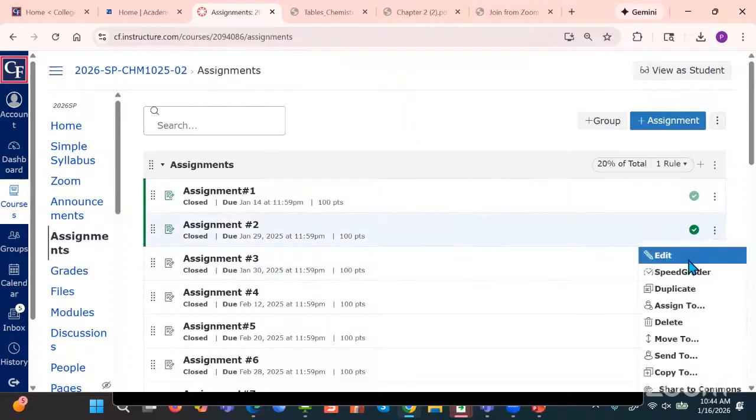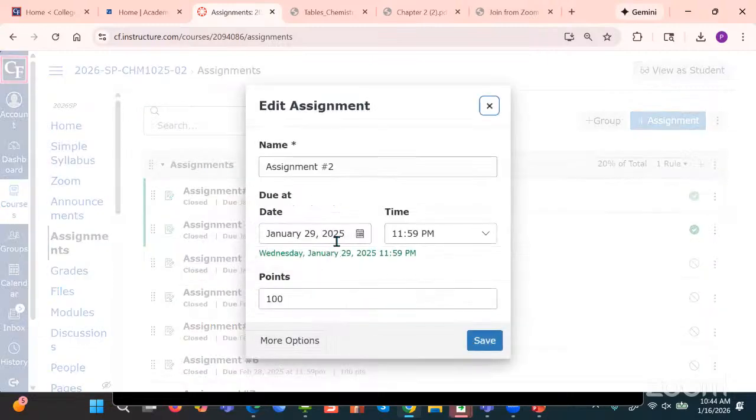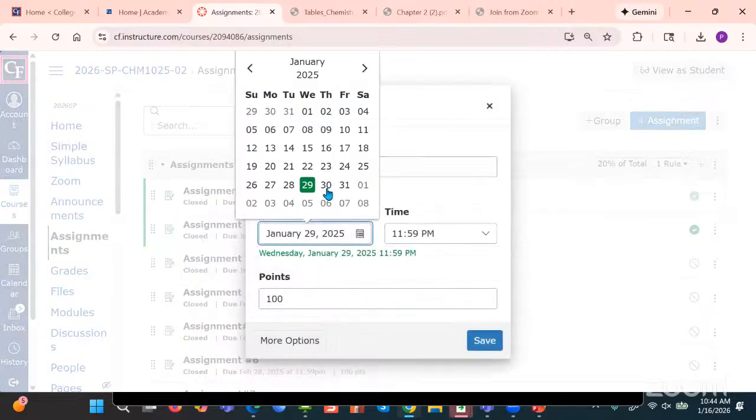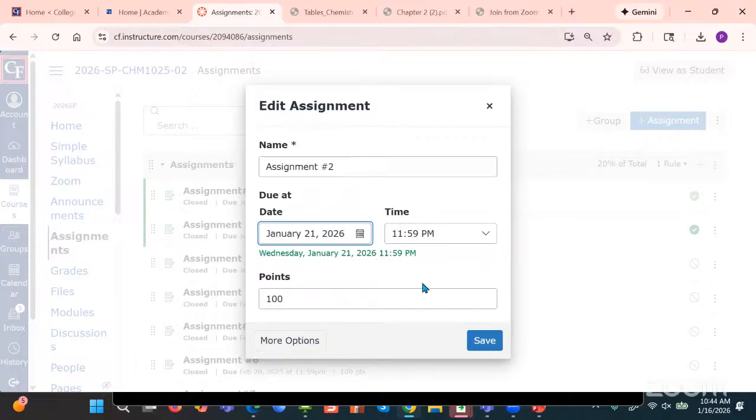And okay, so today is the 16th. I think you guys should be able to complete this assignment by Wednesday of next week. So Wednesday the 21st at midnight is when it's going to be due.